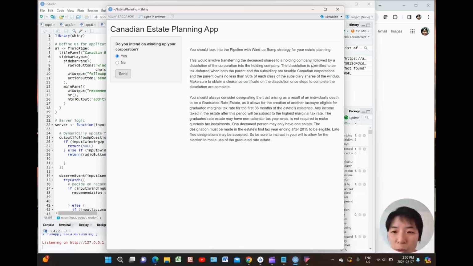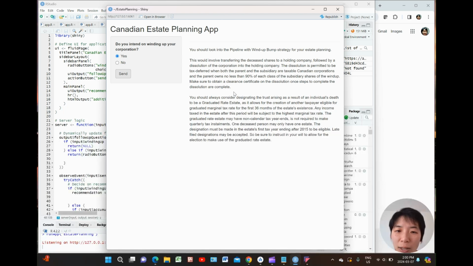And the dissolution is permitted to be tax deferred when both the parent and the subsidiary are taxable Canadian corporations and the parent owns no less than 90% of each class of the sub's shares on wind up. And so this is basically all the steps to this wind up bump strategy.